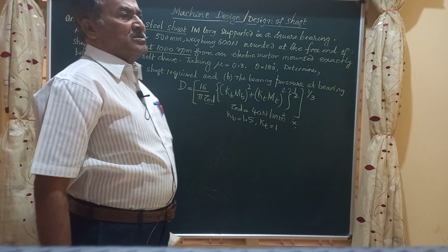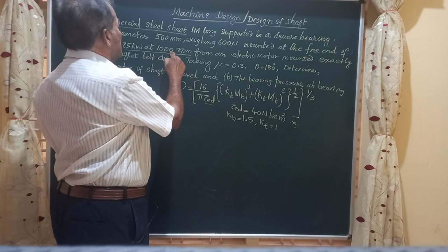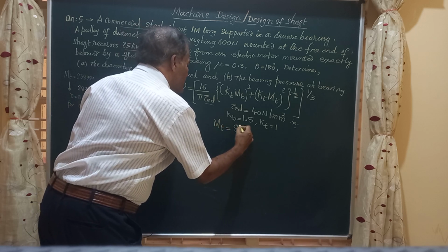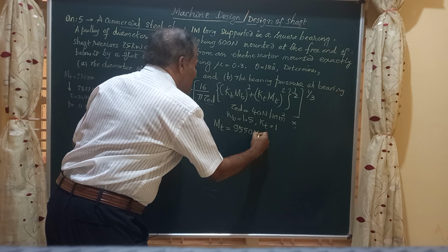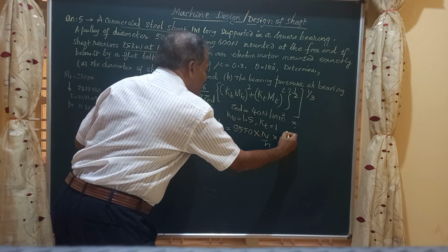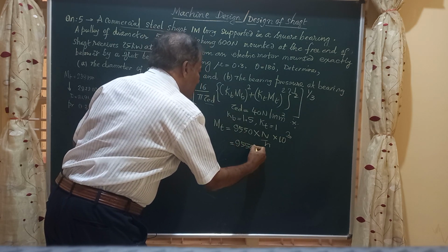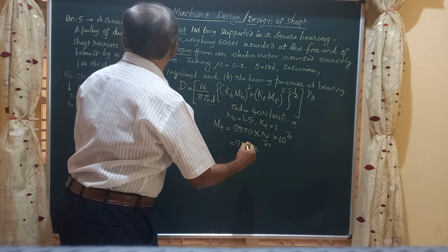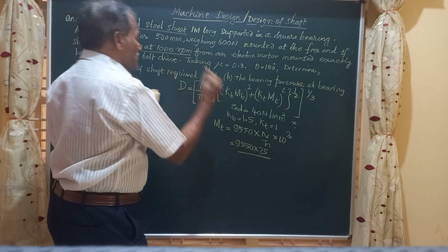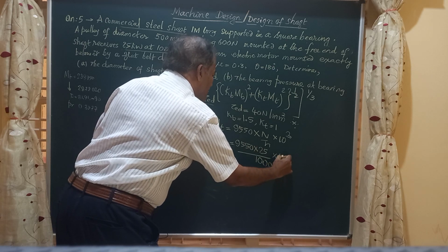Then comes how to find out this Mt and Mb. Friends, whenever you have the power and the RPM, you can say the torque transmitted Mt is equal to 9550 into kilowatt power transmitted by N into 10 to the power of 3. Friends, here this is 9550 into power transmitted is 25 kilowatts divided by RPM is 1000 multiplied by 10 to the power of 3.